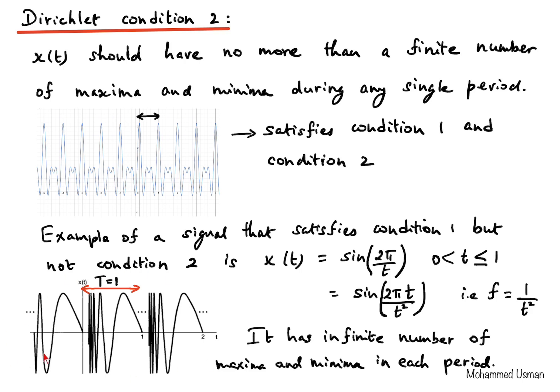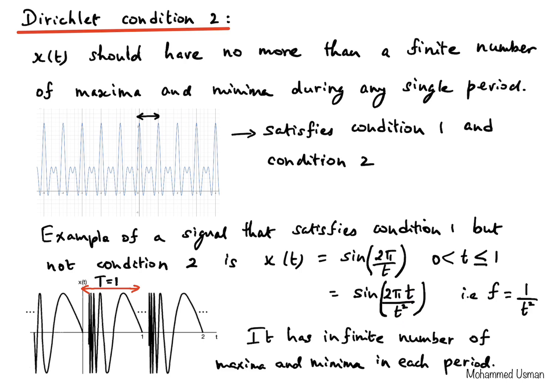Whereas the plot shown at the bottom here is an example of a signal which satisfies the first condition. That means it is absolutely integrable, but it has infinite number of maxima and minima. So this signal is x of t equals sine 2 pi by t, representing this in terms of sine 2 pi ft. So it's like sine 2 pi t by t square.